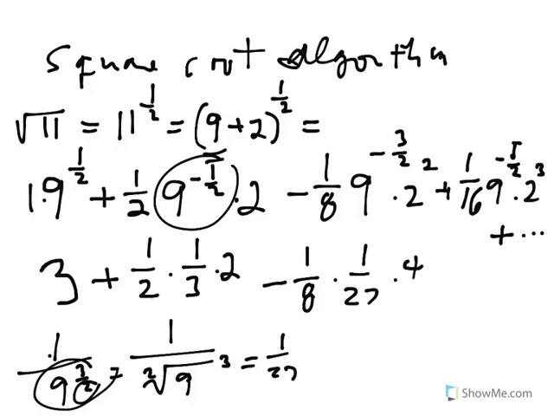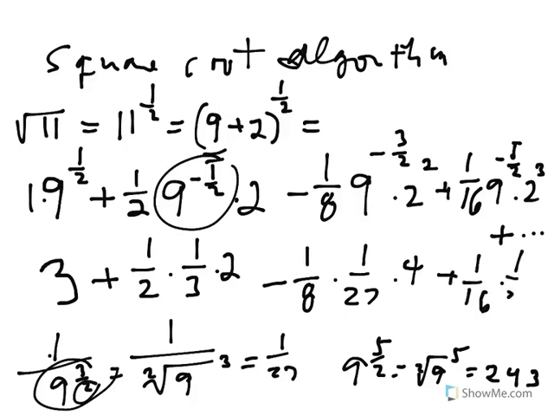2 squared is 4. And because 9 to the 5/2 is the square root of 9 to the 5th power, which is 3 to the 5th power, which is 243, this fourth term becomes 1 over 16 times 1 over 243 times 8.